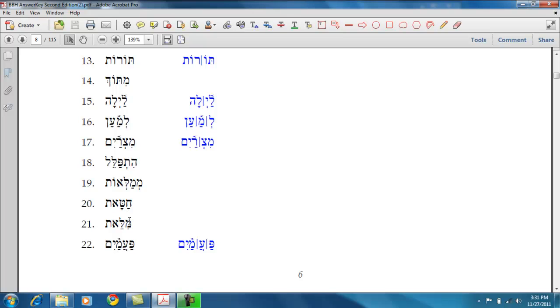Now number 21 is you have the mem, milet, and we understood that the aleph is basically quiescent in these two, 20 and 21. It's not pronounced, and it's actually included in just the last part of the last syllable here. So you've got mem, hirik, lamed.